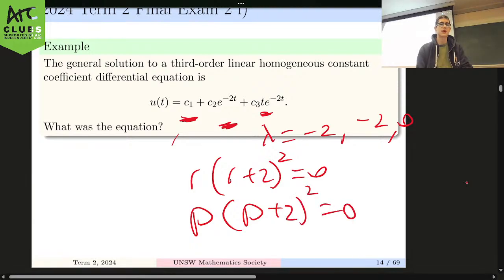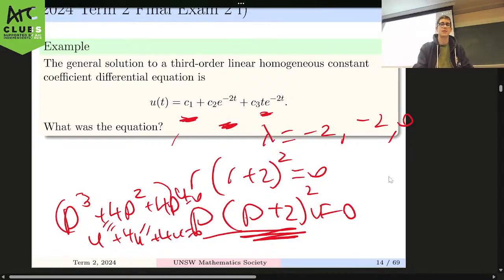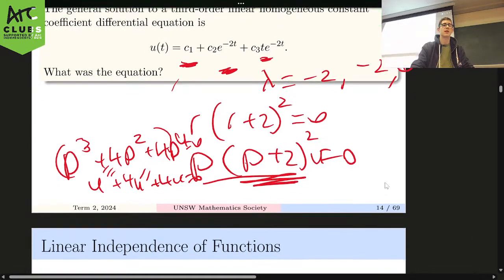You can expand that out and express it, oh yeah, I should have the u here. You can express that in terms of D cubed plus 4D squared plus 4D equal to 0 when we multiply that by u. So that's u triple dash plus 4u double dash plus 4u' is equal to 0. Okay, and you can work backwards to verify that that is in fact correct, as in it gives this solution.